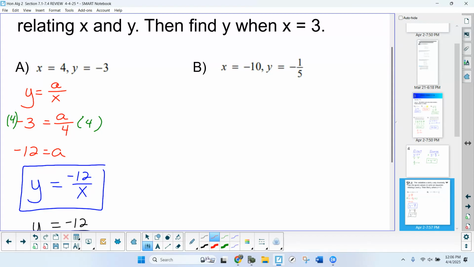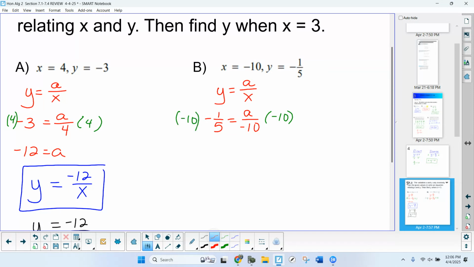How about B? So everybody, again, the general formula is y equals what? What'd you put in for y? And what'd you put in for x? -10. Okay, so what do we do to solve this for a? Multiply by -10.